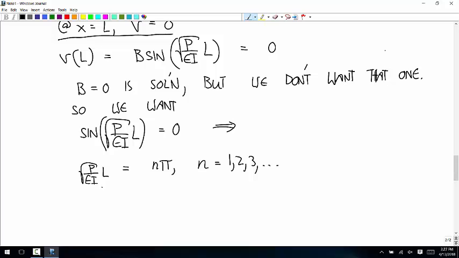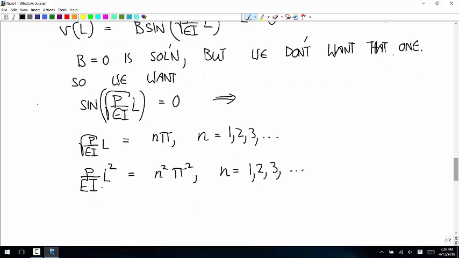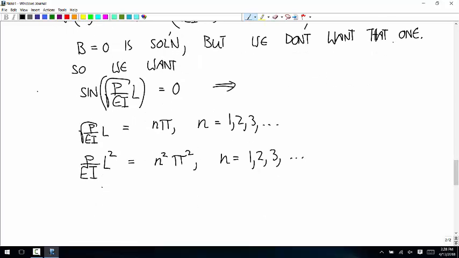And now we just want to solve for this load P that makes this a solution in terms of all the other stuff. So square everything, you get P over EI times L squared is equal to n squared pi squared, and solve for P, and that's what we're going to call P critical. This is the P value where the trivial solution becomes an unstable solution.